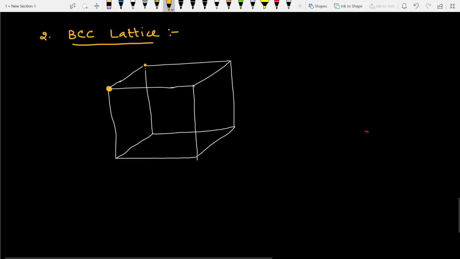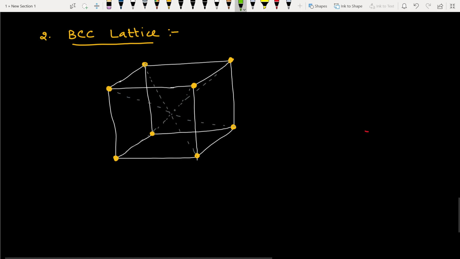So 8 corners of the cube, and one is present at the body center. So body center, how we find the body center? We join the opposite internal diagonals.